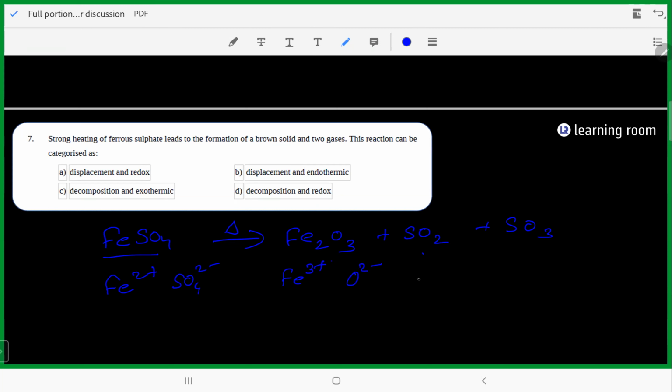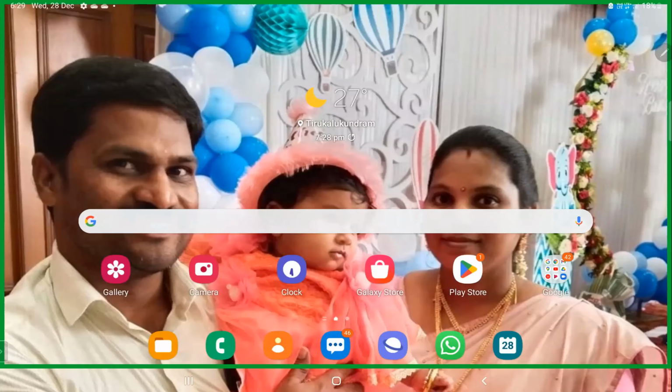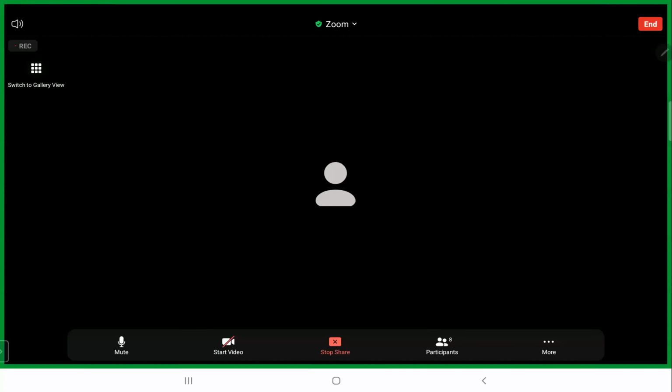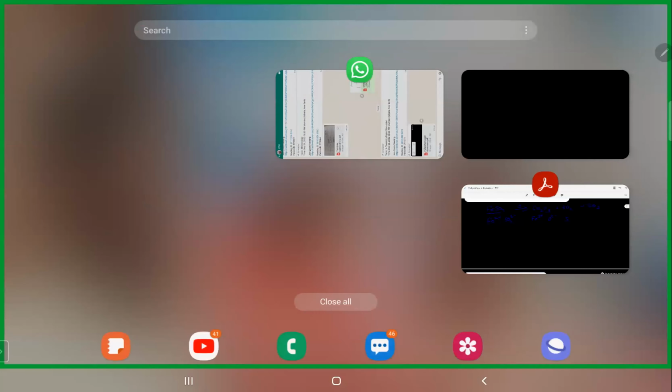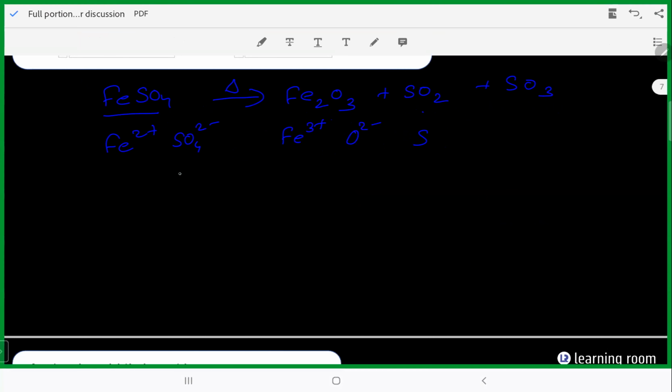And what is the oxidation state of sulfur? How to find out for the sulfur?